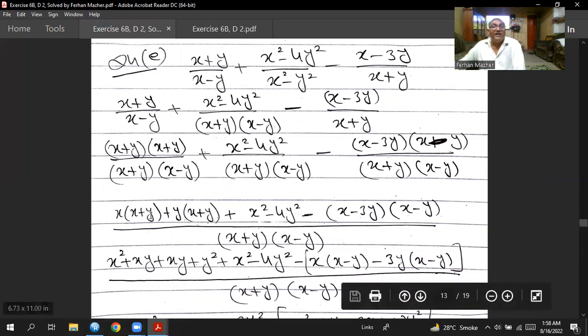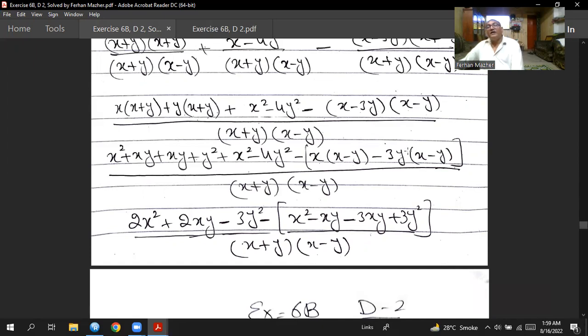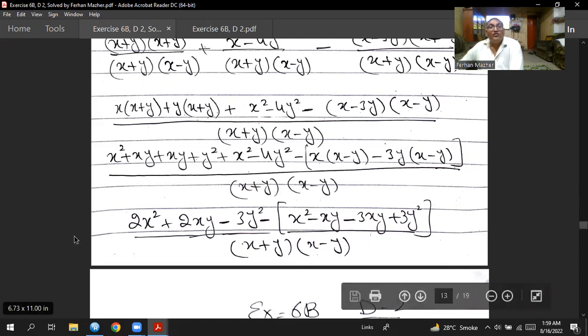So you will have x square plus xy plus xy plus y square, plus x square minus 4y square, minus, put a square bracket here, and this x will multiply with this bracket. So you will have x bracket x minus y bracket close, minus 3y will multiply with x minus y bracket close, square bracket close.